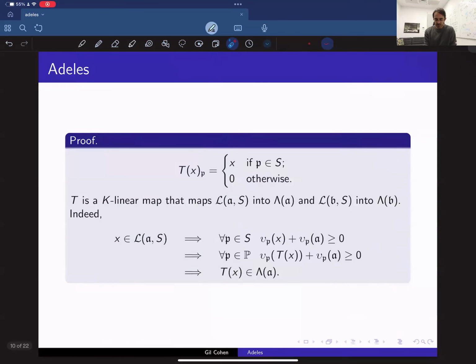Good. So we have this map, which I just rewrote here. And this is clearly a k-linear map, right? If you have an x and y and you sum them up, it goes to the sum, and so forth.